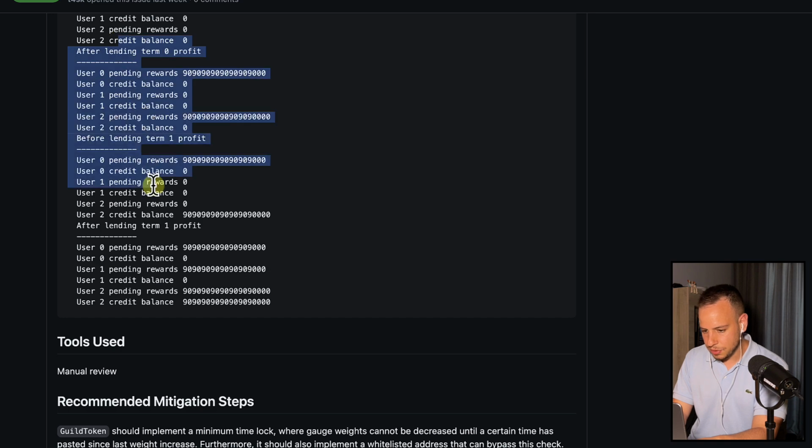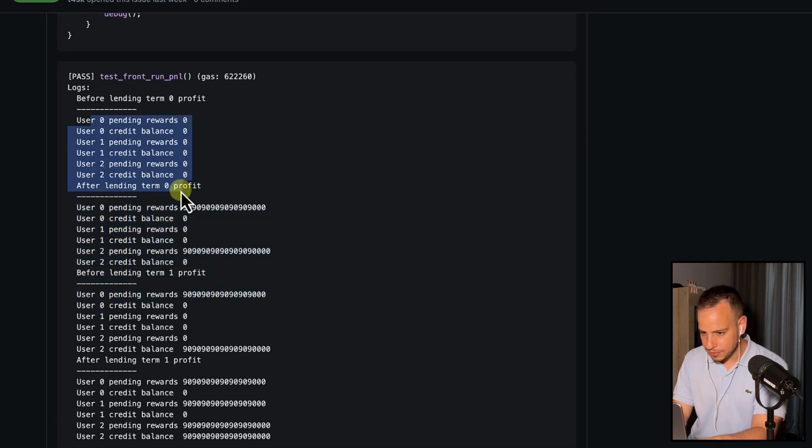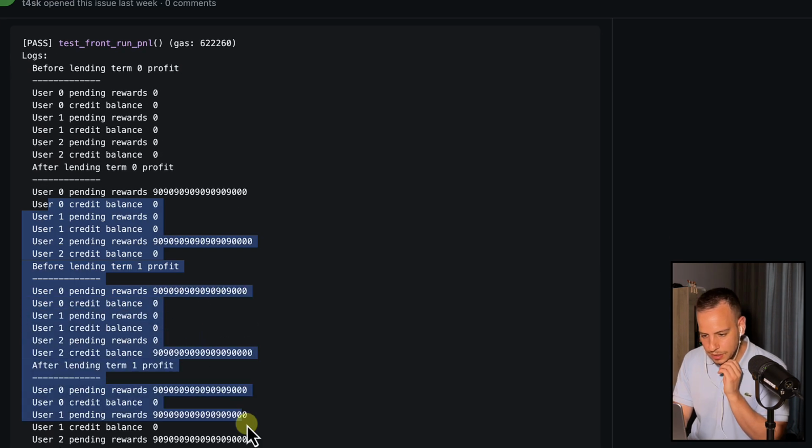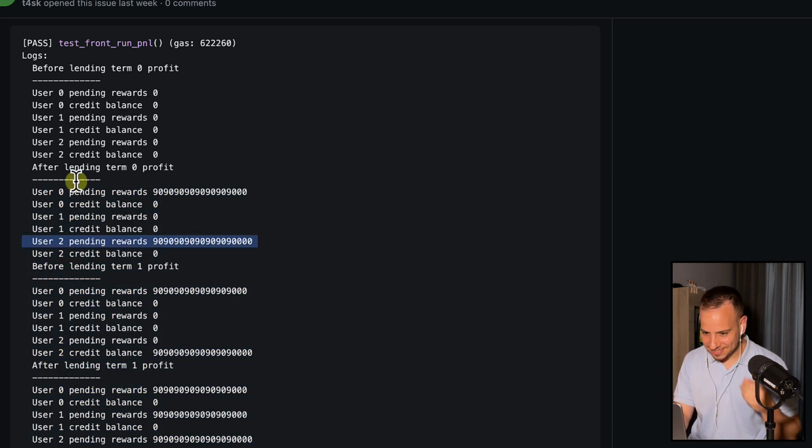And this is beautiful. As you can see here, this is the print. There are no pending rewards initially. Then user 0 has pending rewards and user 2 has pending rewards. Users 0 and 1 are just regular stakers, they're not front running.